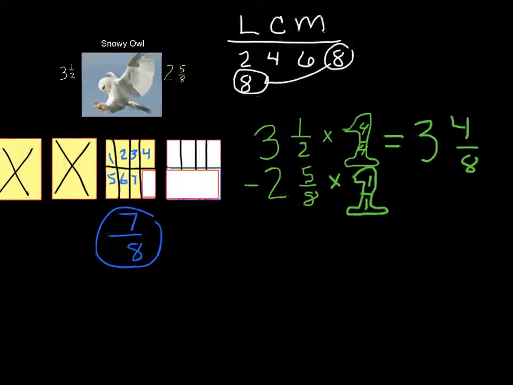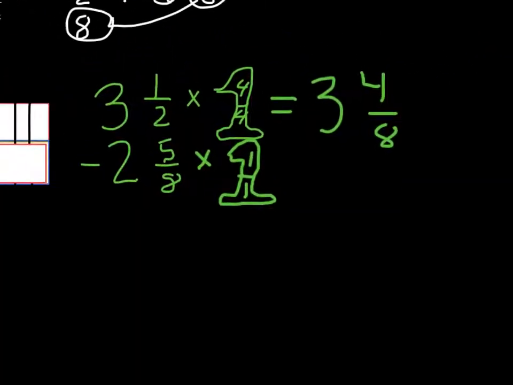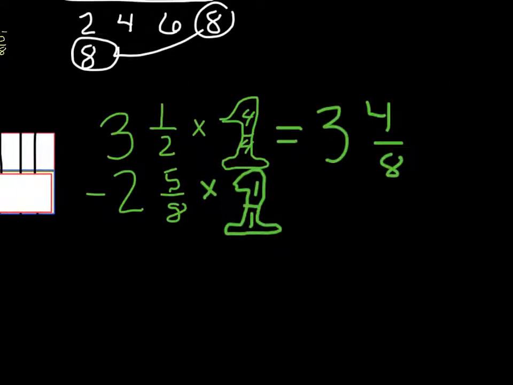I'm going to make this a little bigger because otherwise my handwriting is really sloppy, and I don't want to put you through that kind of misery. All right, so next I'm going to go 2 times the giant 1 is going to give me 2. And then 5 times 1 will give me 5. And right here, 8 times 1 will give me 8. And actually, as you see, all I did was bring the same fraction straight on over here.